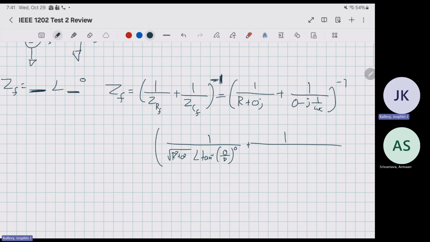So 1 over square root of 0 squared plus negative 1 over omega C squared.